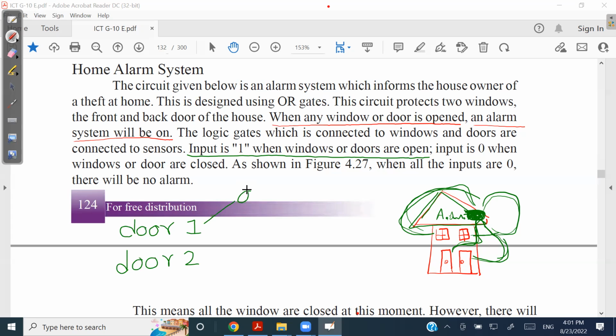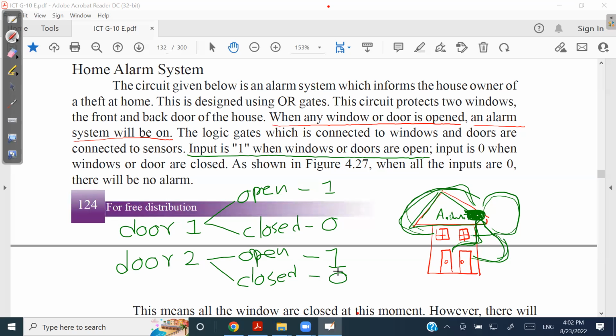When it is open, it indicates 1. When it is closed, it indicates a 0. And for door 2 as well, when it is open, it indicates 1. If it is closed, it indicates a 0. Same goes with the 2 windows. So there are always 2 states for the inputs, which are controlling the output.